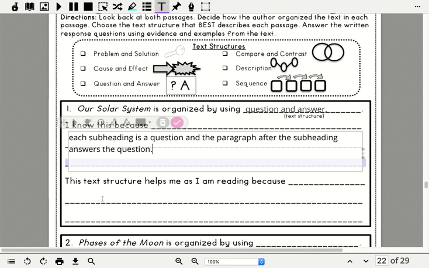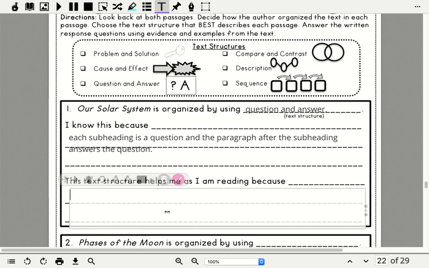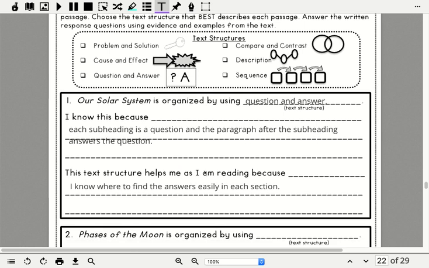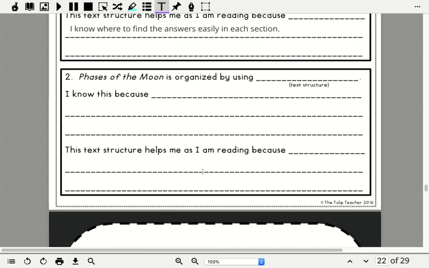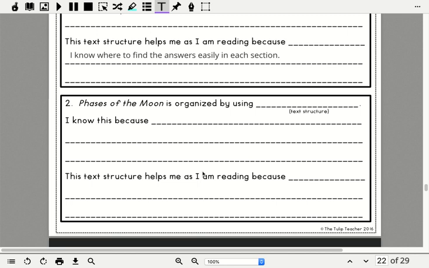This text structure helps me as I am reading because, okay, so how is this helpful? Well, I know where to find the answers easily in each section. Okay? Because you have a question and then you right there easily have the answer. So phases of the moon. Let's look at that one.